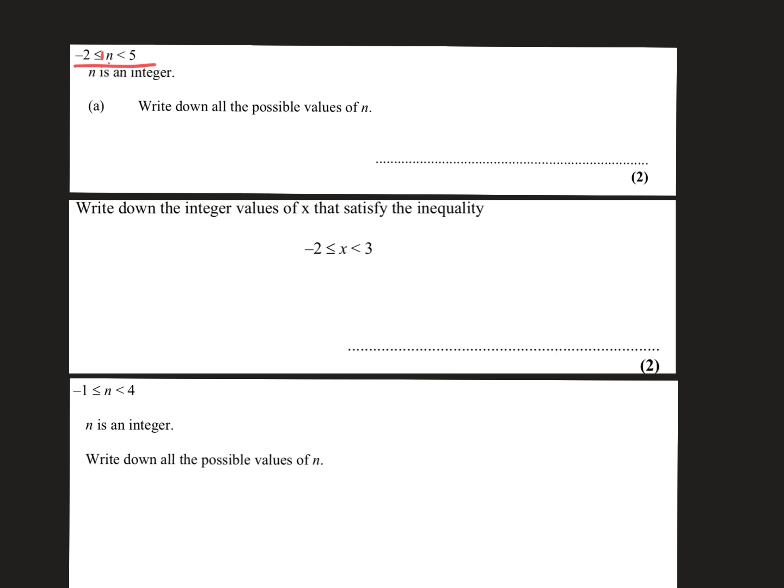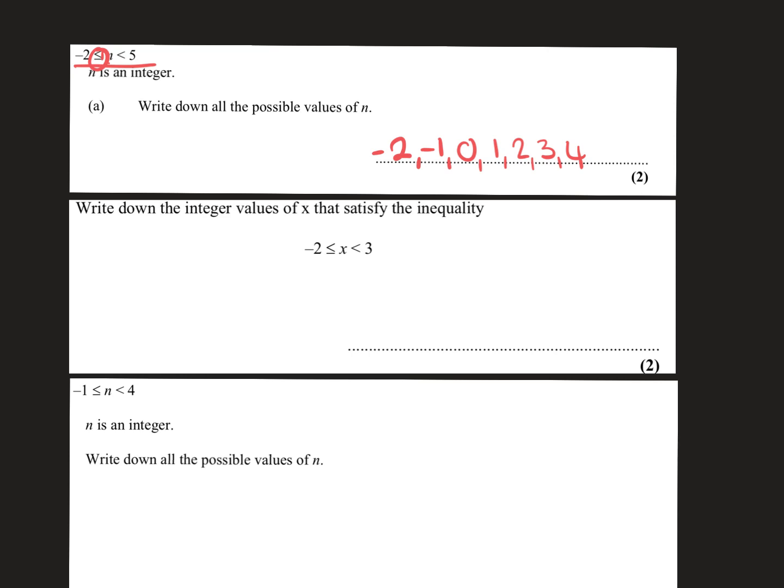So because there is a little underline underneath it beside the 2, that means that we can include the -2. So -2 is the first number, then -1, 0, 1, 2, 3, 4, but we can't include 5 because it says n is less than 5, so we can't include 5 in that. So those are the possible integer values that we can have for n. Let's take a look at the next one.